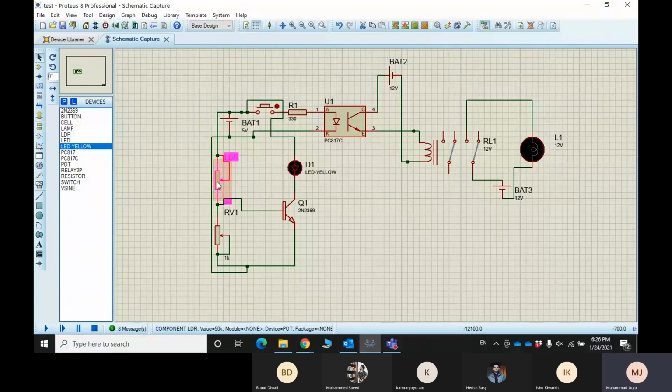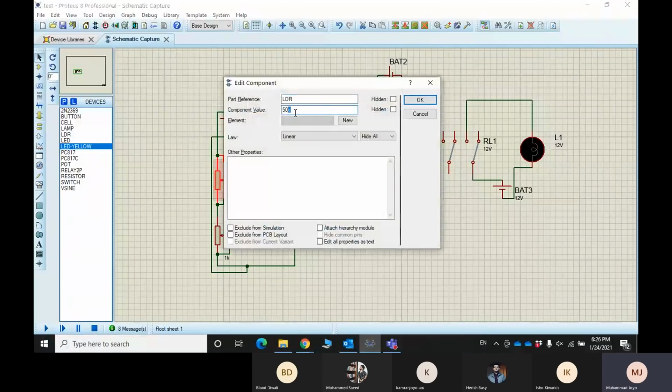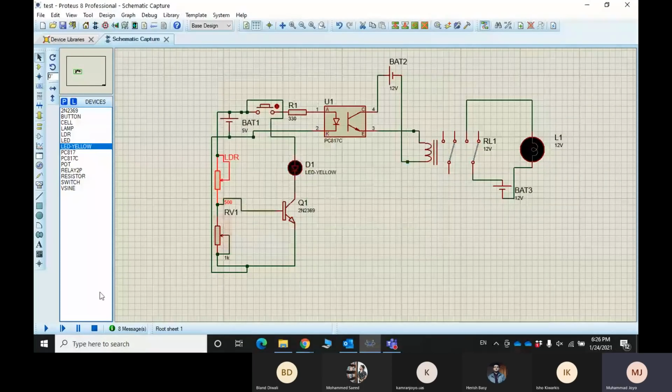So let's check it again, change it to 500 ohms and run it. When the resistance is set to 500 ohms, you can see the output LED is turned on.